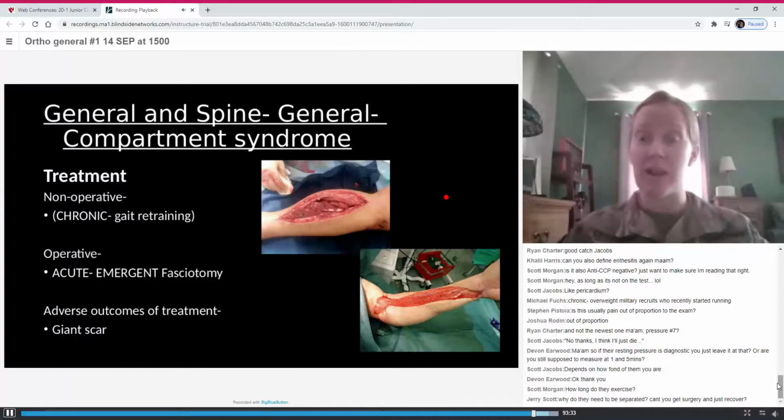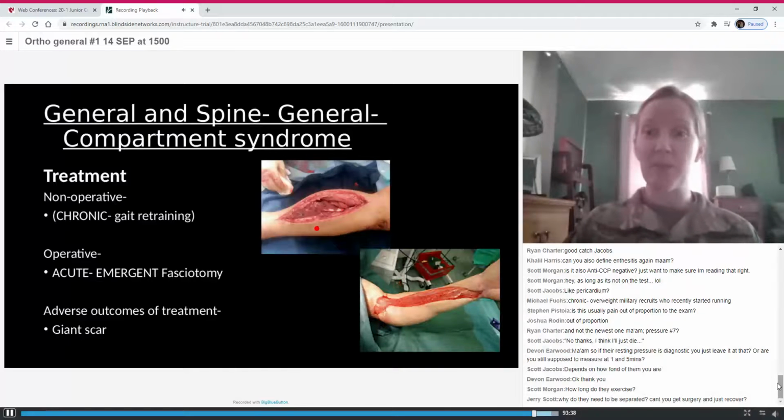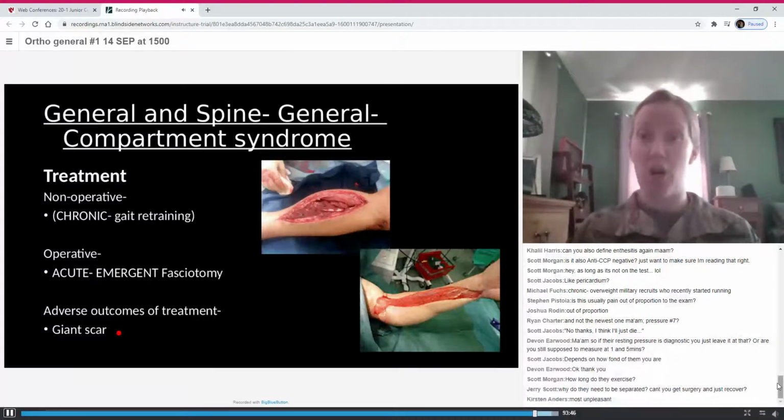It's not going to cut off any blood supply, and this is a terribly bloody procedure. I'm going to come to that in a second. The adverse outcome of this is a giant scar. Look at this scar that they have for this forearm fasciotomy. It's giant. In a chronic case, you can do a fasciotomy, but this is limb saving if it's acute.